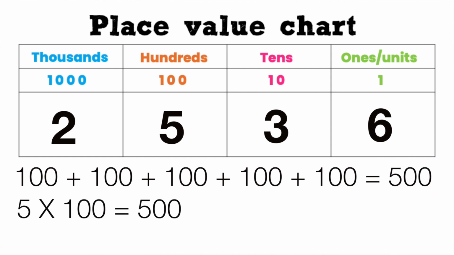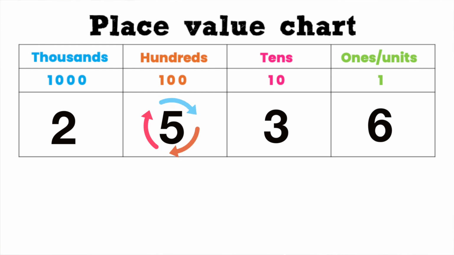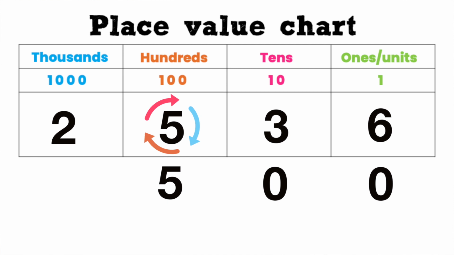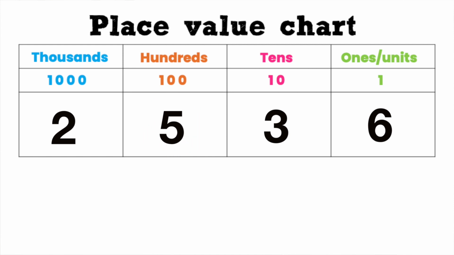We can also use multiplication, which is basically repetitive addition. And we can say it's 5 times 100, and that gives us 500. So we can clearly see that the value of digit 5 in the number 2536 is 500.